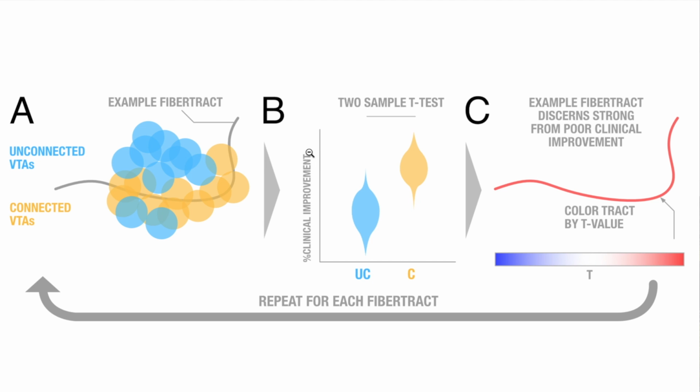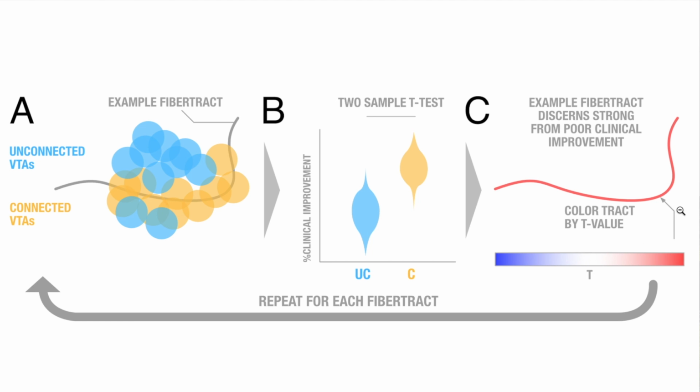And now we can have two or three scenarios. Either the ones that were connected did better in clinical improvement, significantly better, or the other way around, they could do worse, or there's just no difference, right? That way we will get a t-value, and we can color code based on the t-value.